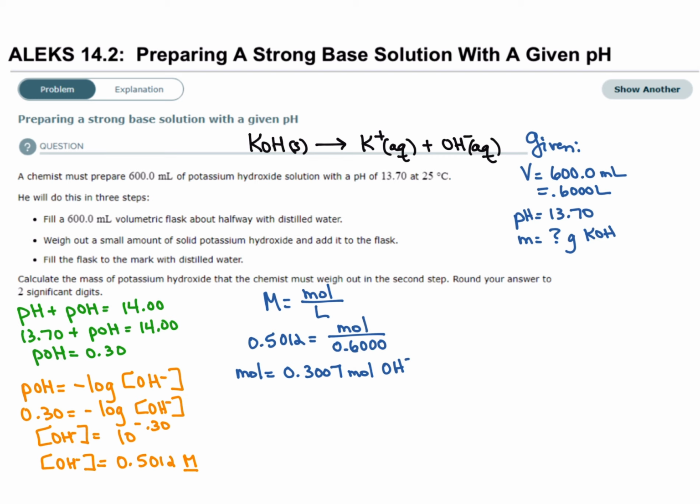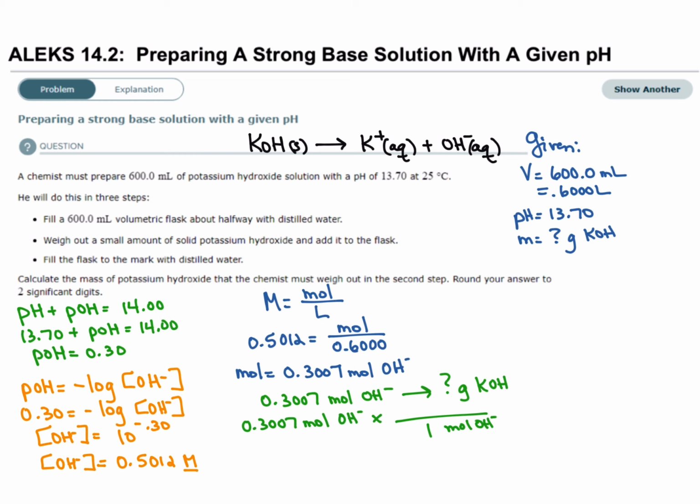So I'm going to come up with a roadmap. I want to convert moles of hydroxide to grams of potassium hydroxide. I'm going to need the balanced chemical equation to do this. I'm always going to start off with my given number. So moles of hydroxide in the numerator, moles of hydroxide in the denominator. Take a look at my balanced chemical equation.